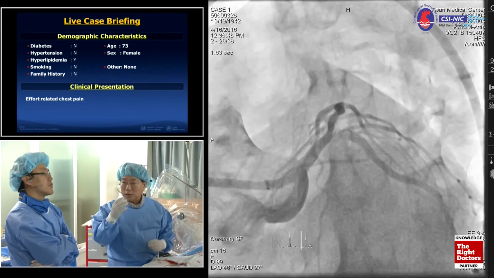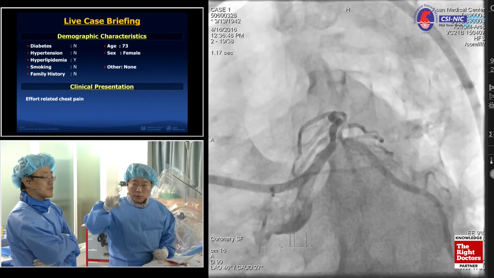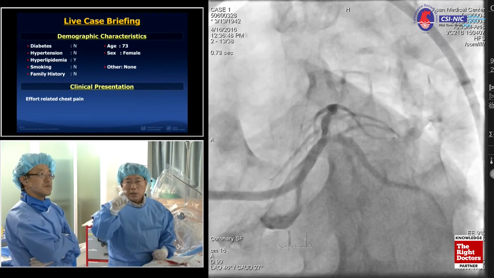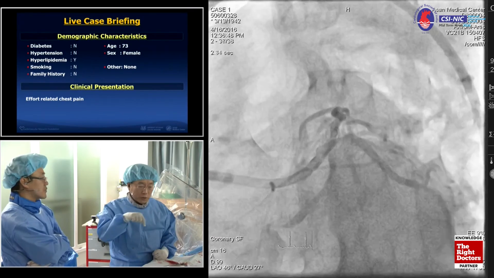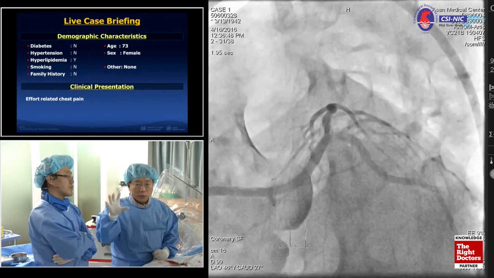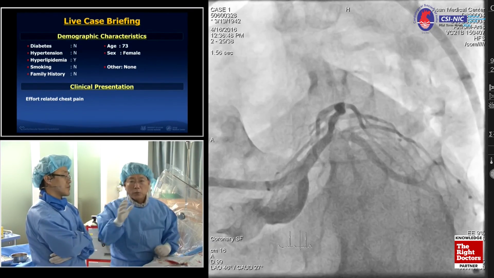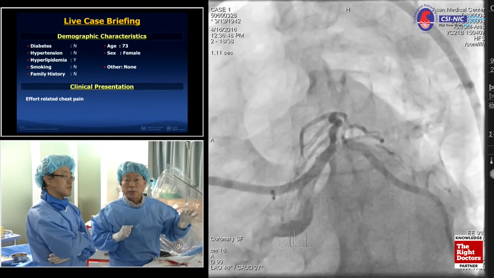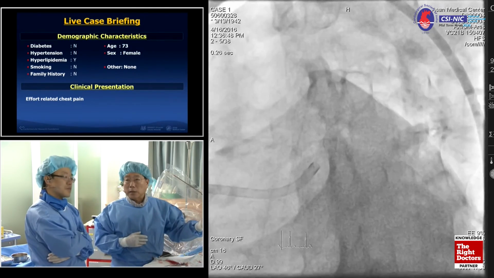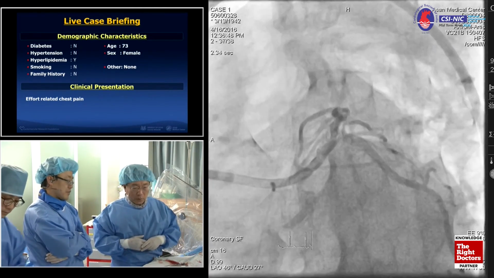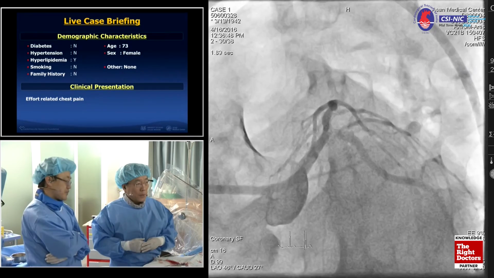For the circumflex ostial part, 5 millimeter square, and LAD proximal 6, polygon of confluence 7 millimeter squares, and then main distal 8 millimeter squares. So we have some 5, 6, 7, 8 rule for the stent for good clinical outcome of the two-stent technique for any left main disease, right?